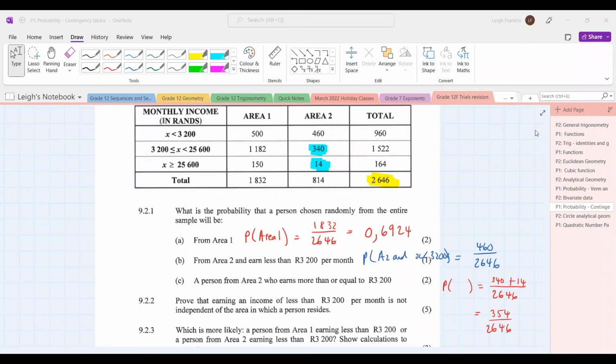So it's similar to the first question that we did, but they want us to look very specifically at the row where people are earning less than 3,200 Rand a month. And they want us to show that it's not independent. In other words, the amount of money that a person earns in a month affects whether they live in area 1 or area 2.